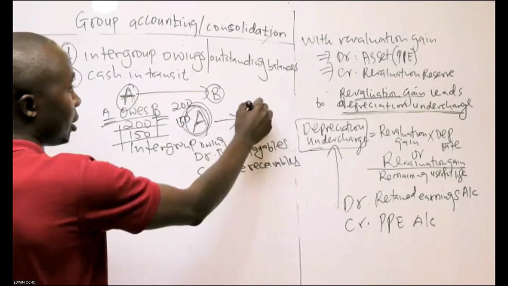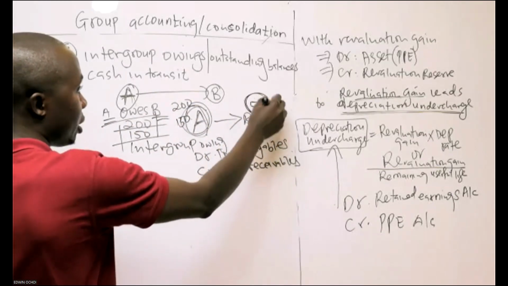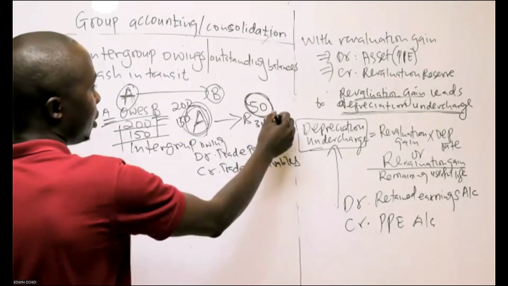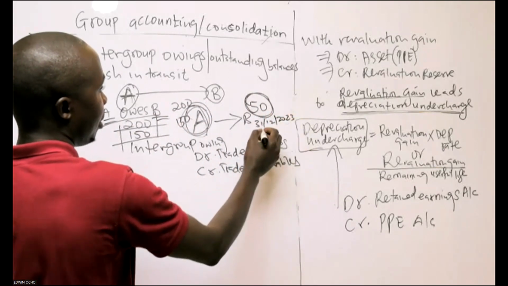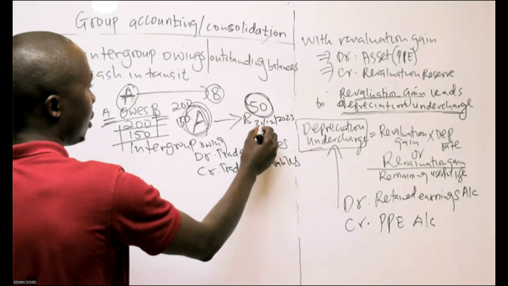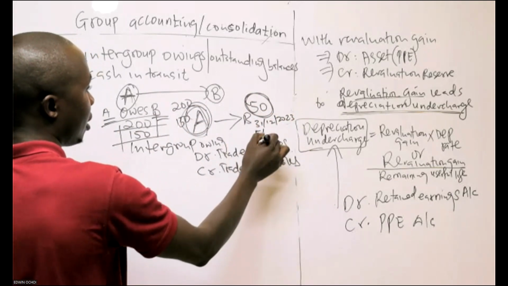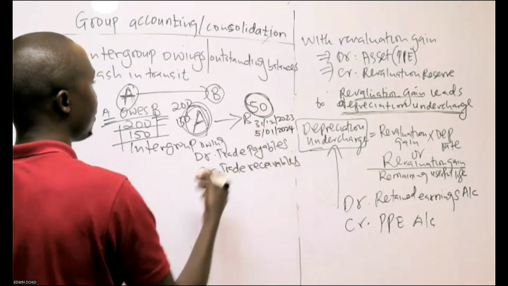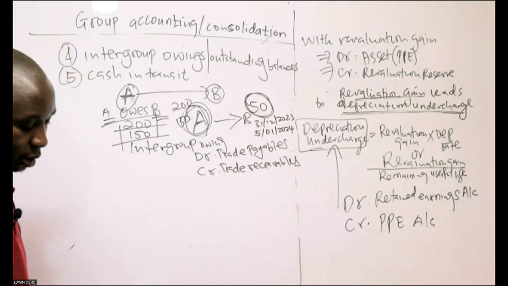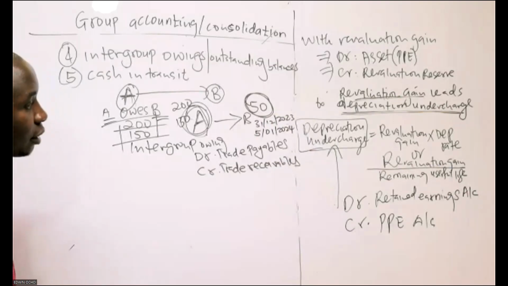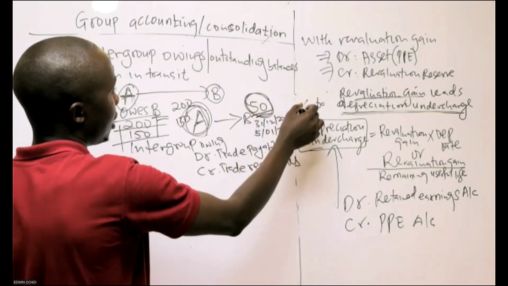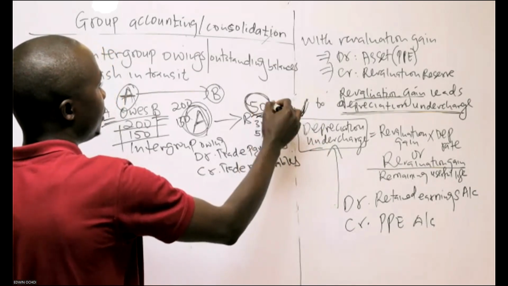It's only that you have not received. If our financial year ends on 31st December 2023, the amount was received by, let's say, 5th January 2024, some few days after the end of the year. So this amount, the 50, must be recorded as if it was received by the end of this year.